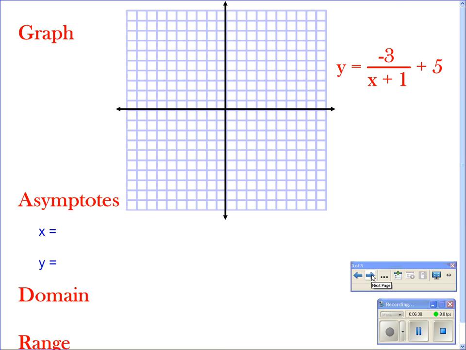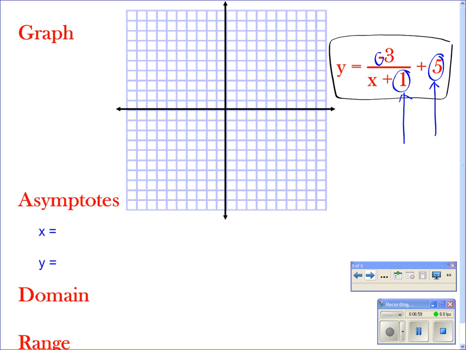All right, last example. Equation over here on the right. We're going to figure out what all of these items mean. There's three things that we know about this.